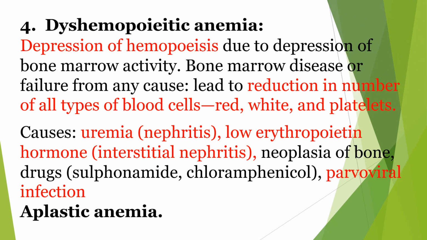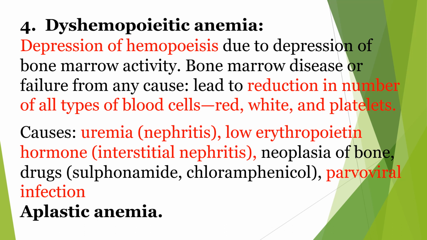Fourth type of anemia is dyshemopoietic anemia. That means decreased hemopoiesis, depression of hemopoiesis.